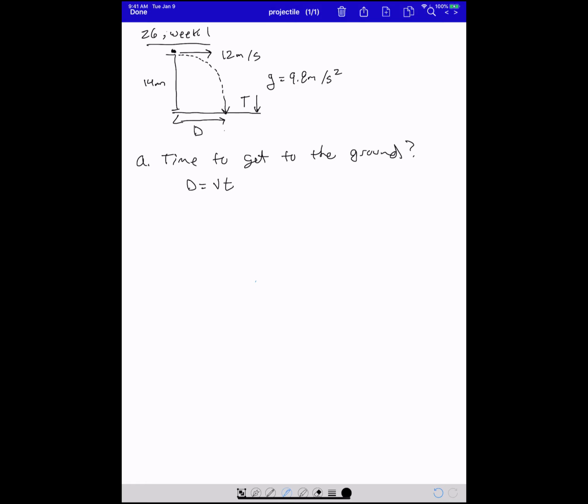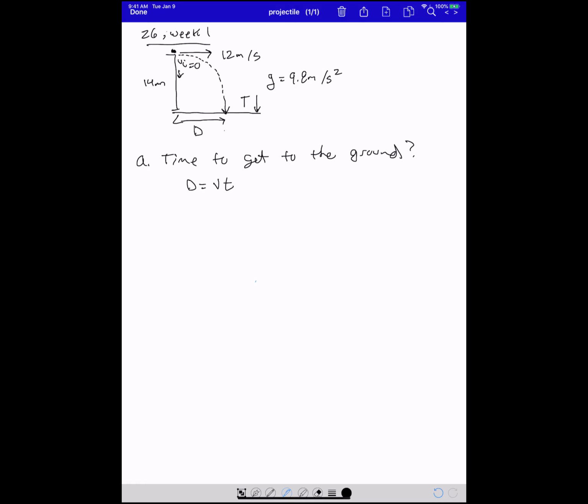The velocity that was given to us is 12 meters per second, but that's the velocity of motion in the horizontal direction, not in the vertical. In the vertical, we know that the ball is accelerating downward at a rate of 9.8 meters per second squared, but we don't know what its velocity is. Now keep in mind, when the ball starts, the initial velocity going downward is 0 meters per second, right?